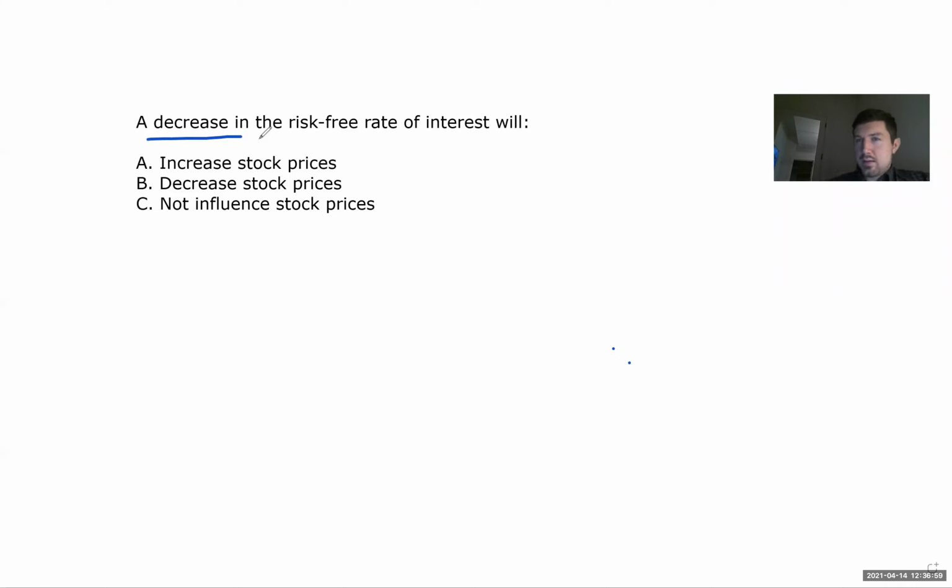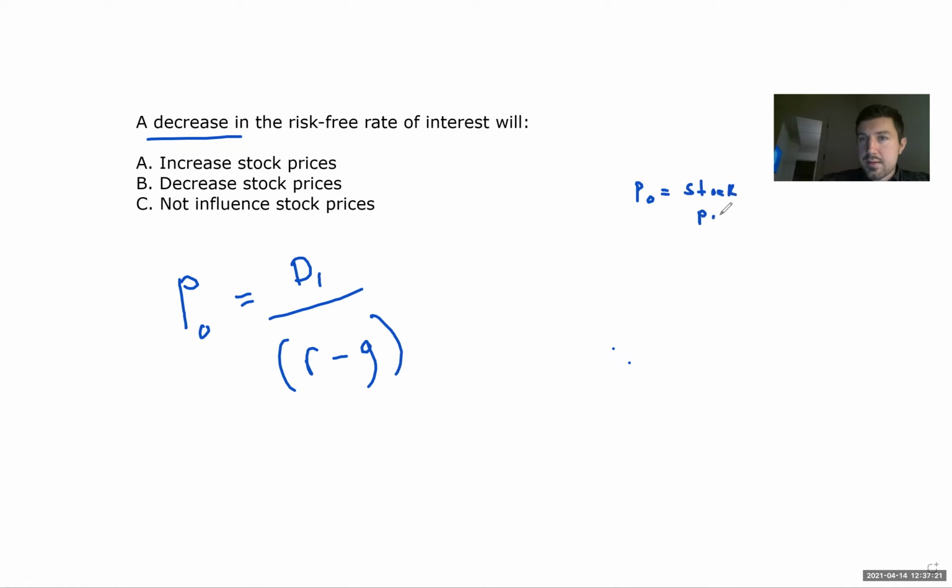The way to really answer this question is to use this handy little formula we have, which is basically the Gordon growth model, dividend discount model, however you want to think about it. So what we have here is P naught. This is symbolic of stock prices.